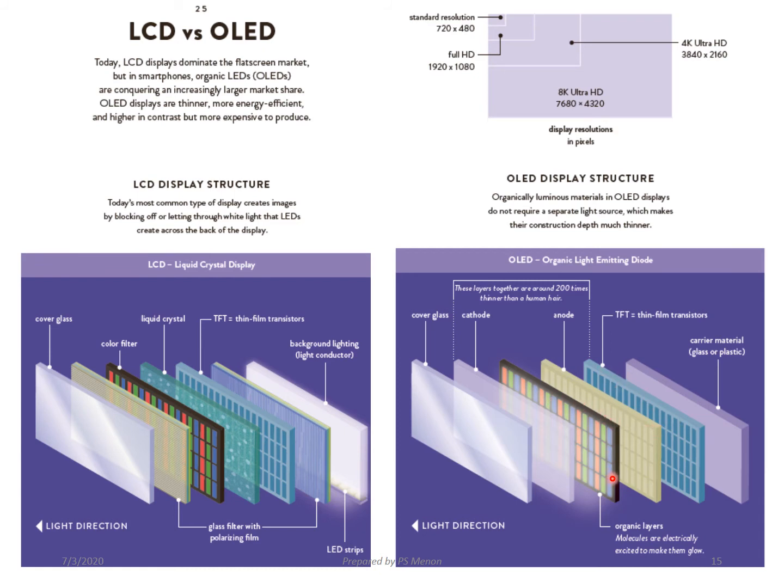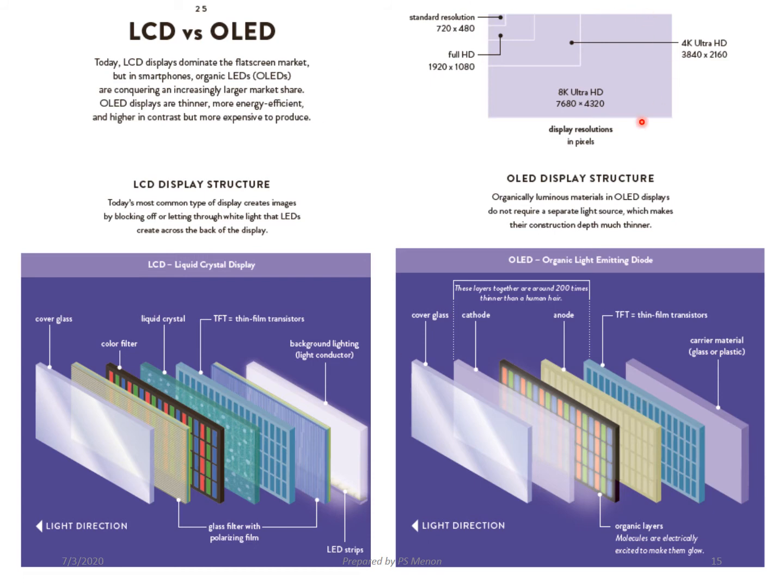You have organic layers, where the molecules are electrically excited to make them glow, a cathode, and also the cover glass. The light emitted from here can be seen through the cover glass. These layers are 200 times thinner than a human hair, very very thin for the OLED TV screen.